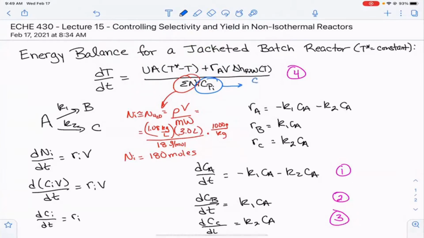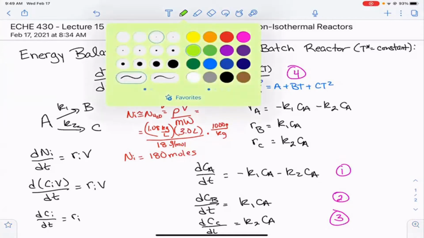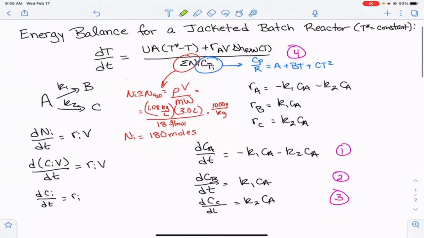And I ended up using that Cp over R equals A plus BT plus CT squared. So, we obviously have a more complicated function here for the heat capacities.